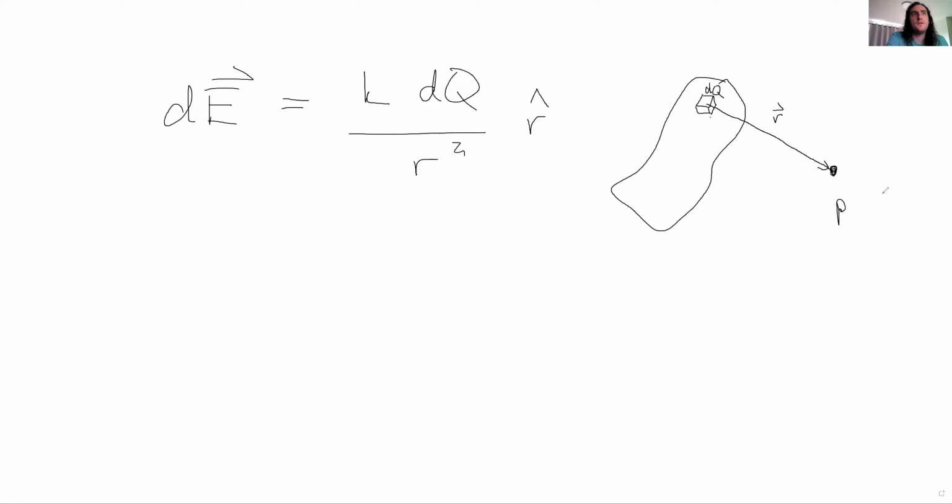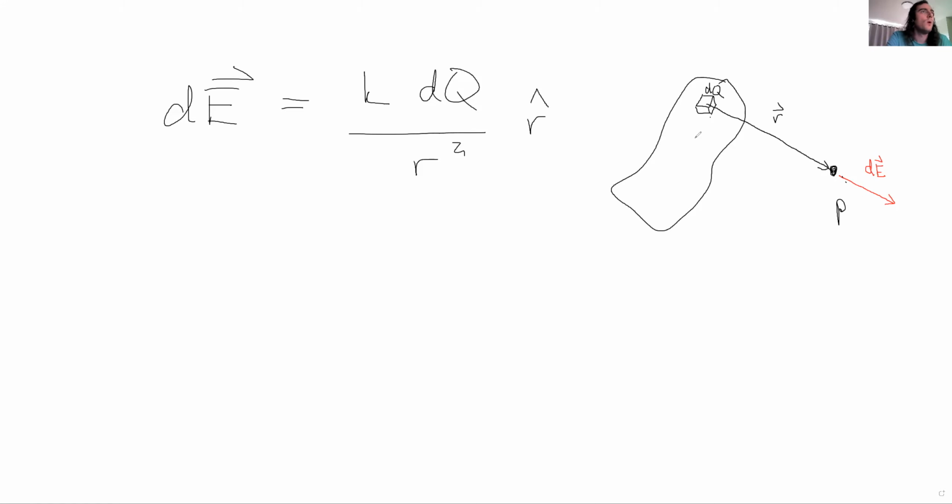The electric field at that point, or the contribution by dQ to the electric field, is dE. Okay, so that's the philosophy here.